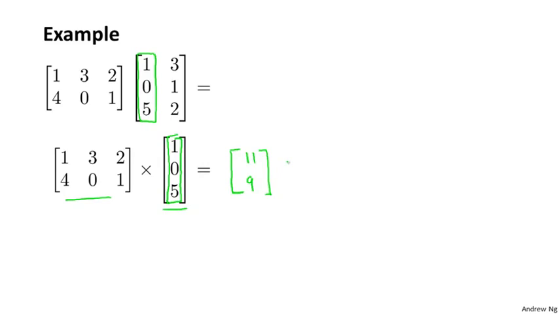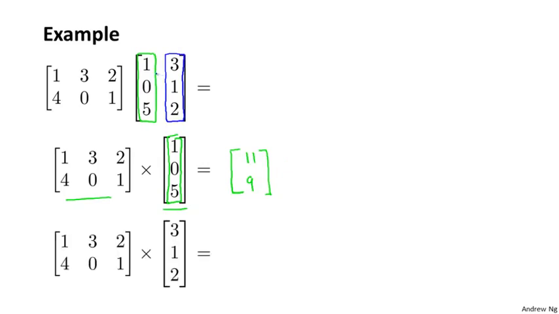And then the second thing I'm going to do is pull out the second column of this matrix on the right, and take this matrix on the left and multiply it by that second column. Again, this is a matrix-vector multiplication step, which you saw in the previous video, and if you multiply this matrix and this vector, you get 10, 14.